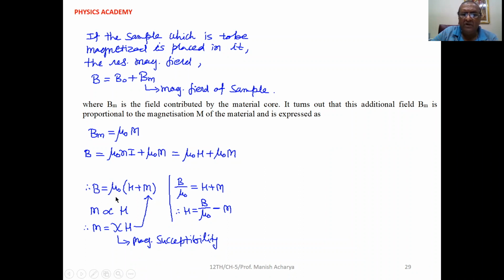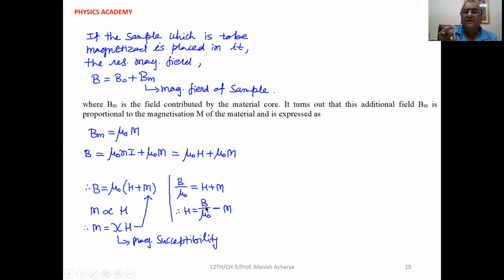Therefore, B equals mu0 into H plus M. So from this equation you can write B upon mu0 is H plus M, and H is B upon mu0 minus M. So magnetic intensity H, that is N into I, we can write as equal to B upon mu0 minus M also. This is one result that is useful to solve the problems.